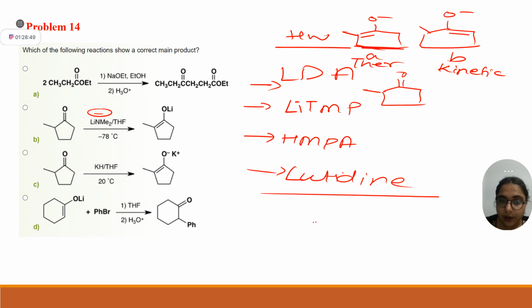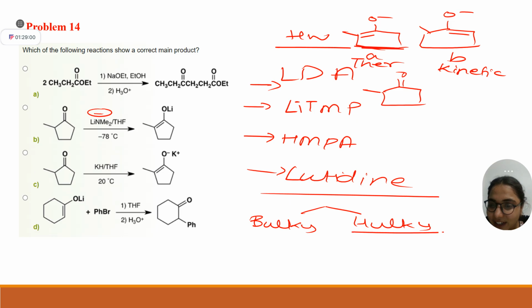So students, there are two types of bases in organic chemistry: bulky base and another is your hulky base. You will not get this type of term in your books. This is my term. Hulky means lighter base. Bulky bases are going to give you kinetic product.